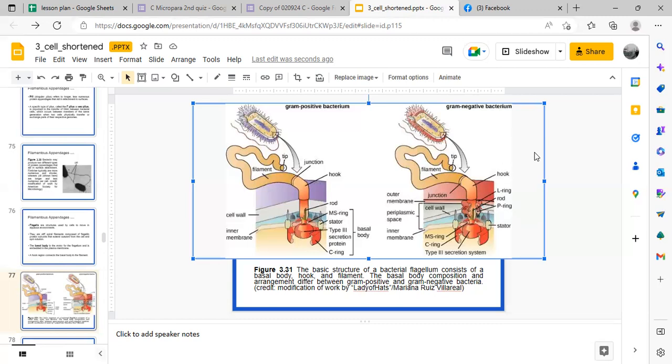Okay? Ano pang wala? Since wala kang outer membrane sa gram-positive bacteria, no? So, dito sa gram-negative, may outer membrane ka pa. So, dito nakakabit yung hook.